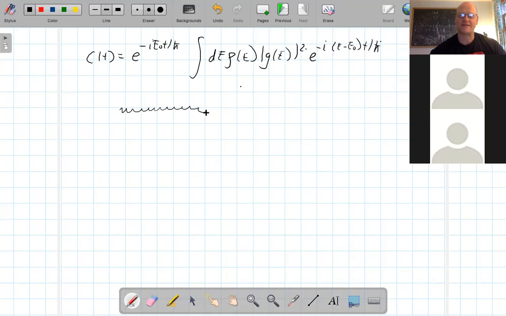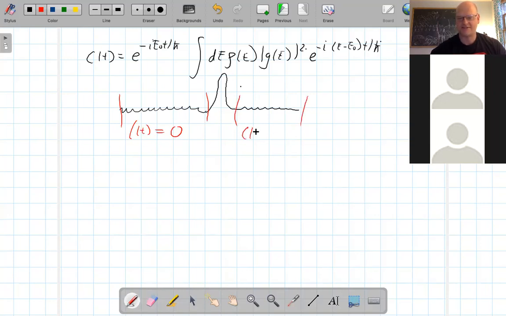But now we know this thing is peaked, so it's going to get peaked then at this E0. And then after that, it's going to drop back down and then basically average to 0 again, right? So the integral for something like this during this region is going to average to 0. There we go. So basically, that means that C(t) will then average to 0 in this region.